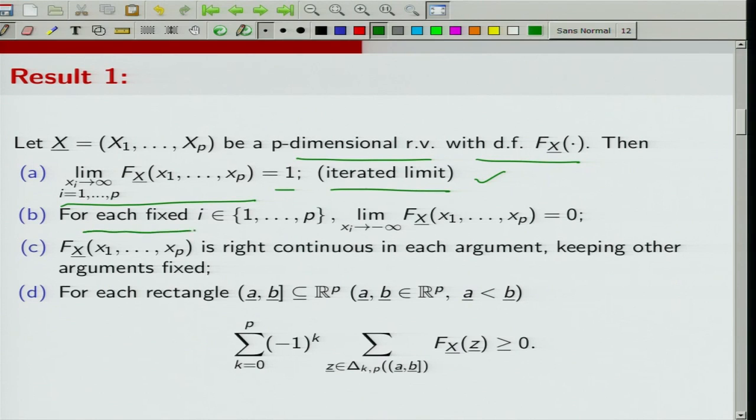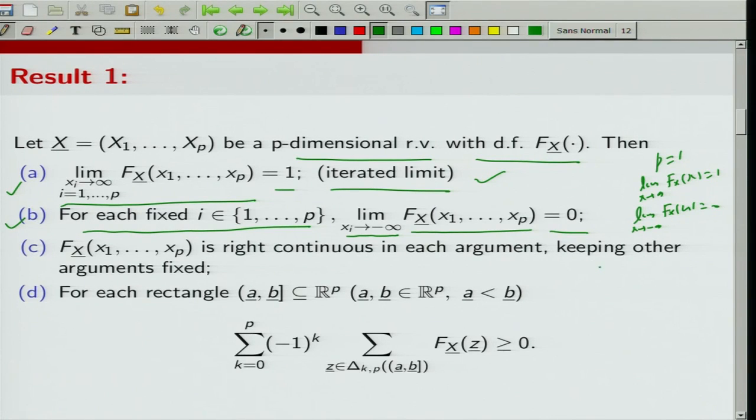Now, for each i belonging to 1 to p, that means if I take any of the arguments to minus infinity in the joint distribution function, then I get the value 0. So, in the case of p equal to 1, for example, we saw that limit x going to infinity F_X(x) is 1, then limit x going to minus infinity F_X(x) is 0. So, these are analogues of those two properties.